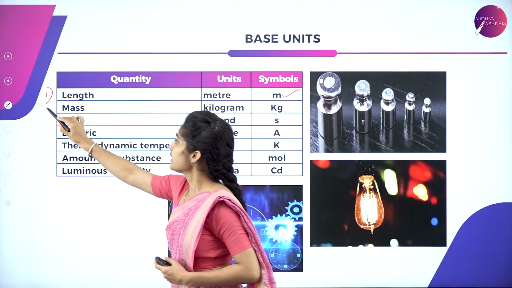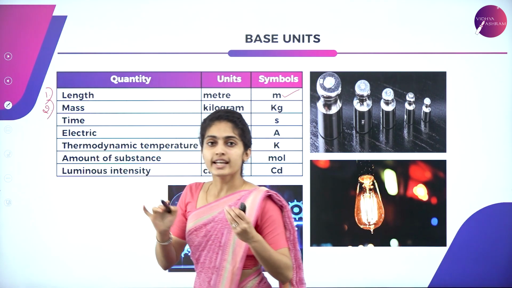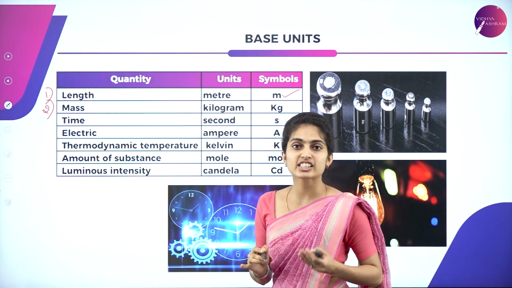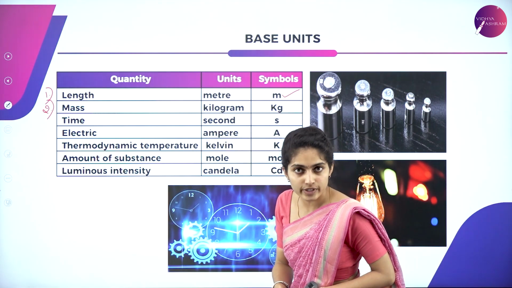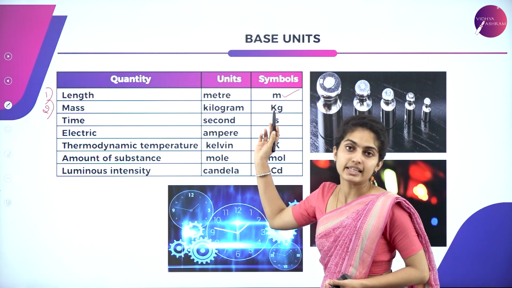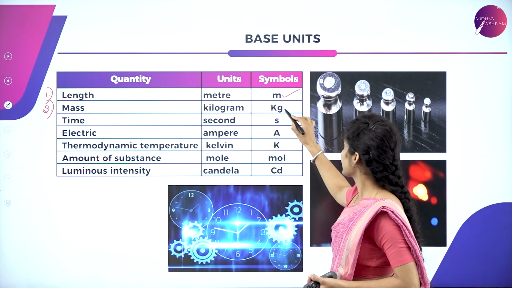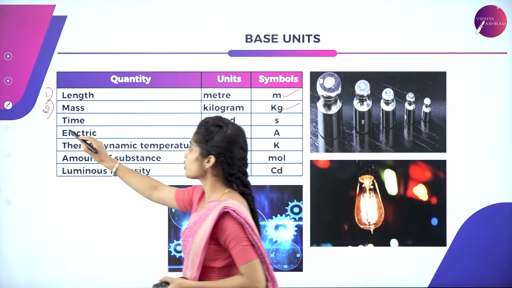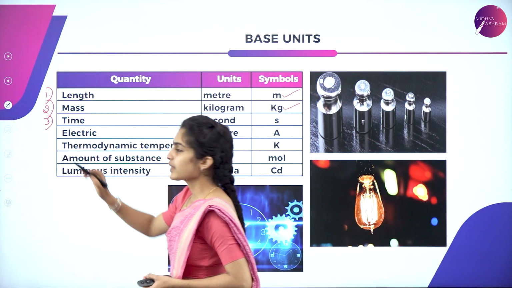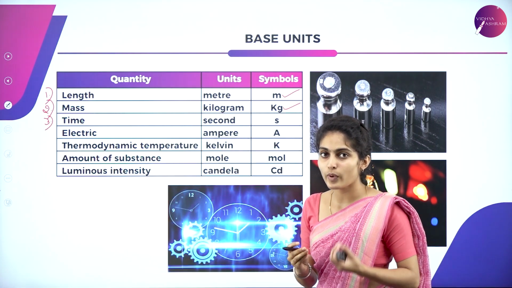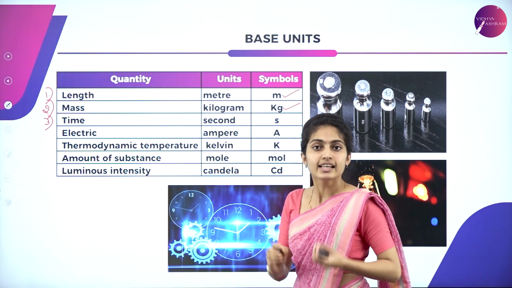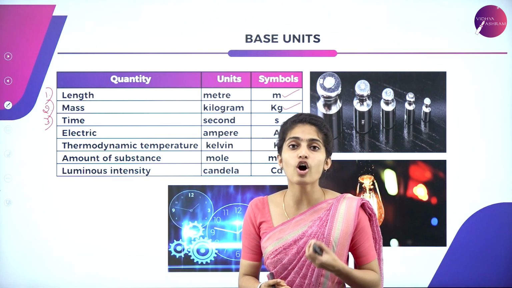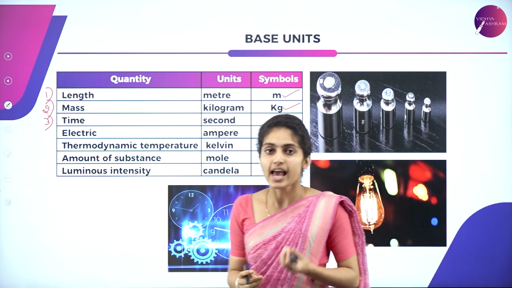Next, that is mass. The next quantity which we are studying is mass, whose unit is kilogram, whose symbol is kg. Okay. The next quantity is time. Time is a quantity whose unit is second. The symbol of second is s.